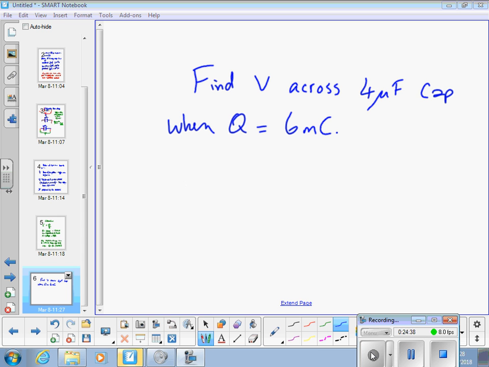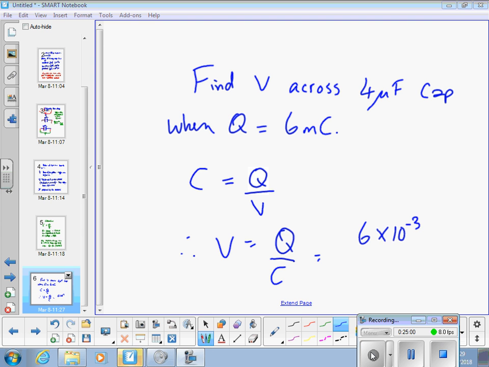We didn't have it in that form, we had it in this form: C is equal to Q over V. So V is Q over C, in this case 6 times 10 to the minus 3 over 4 times 10 to the minus 6.